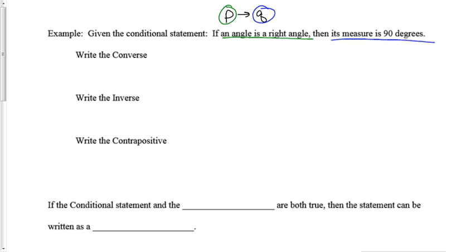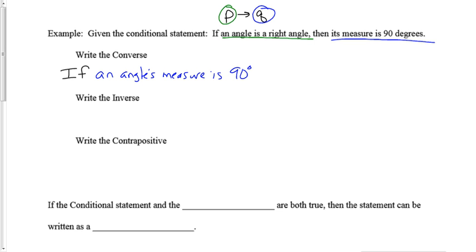So for my converse, it's going to be if, is how I'm going to start still, and angle's measure is 90 degrees. Now I need to start with, instead of saying if its measure is 90 degrees, I should really start with what it is, which is an angle.